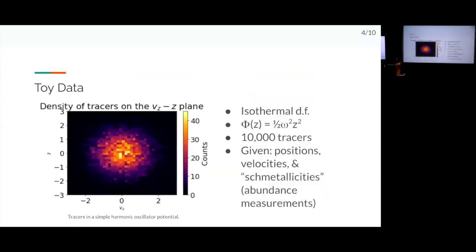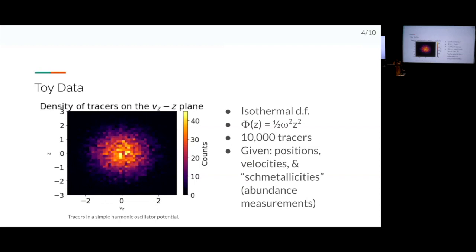So shifting from the real data, the data that we worked with in this project was toy data, and it was a 1D system. It had an isothermal distribution function, and that was embedded in a simple harmonic oscillator potential.